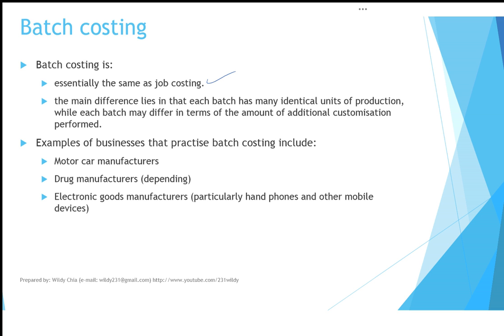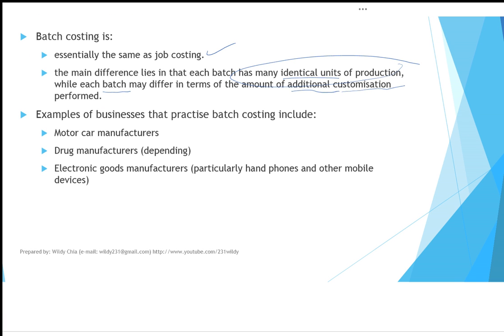The difference between job and batch is that batch costing assumes that each order has many identical units, and each batch would differ from each other because of the customization done on each batch. Businesses that practice batch costing include car manufacturers, drug manufacturers, and electronic goods manufacturers such as handphone and mobile devices.